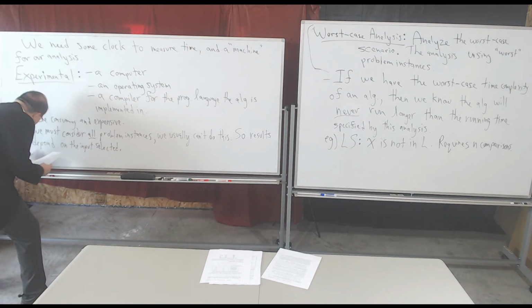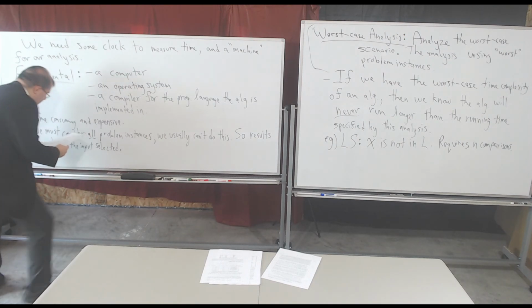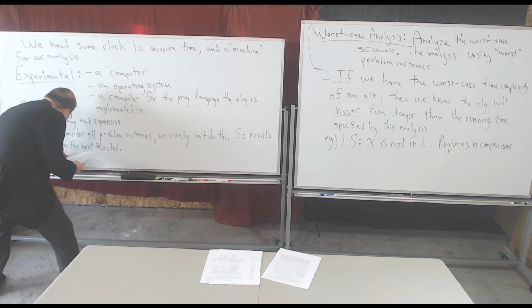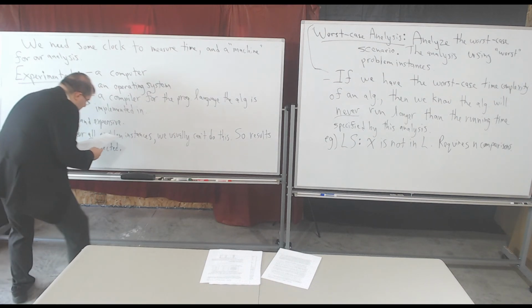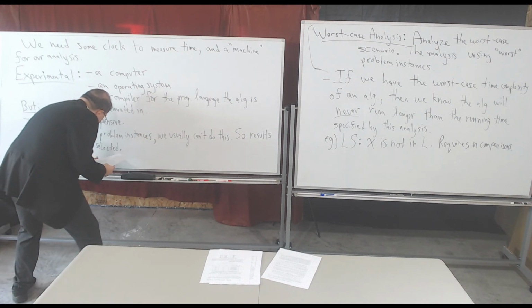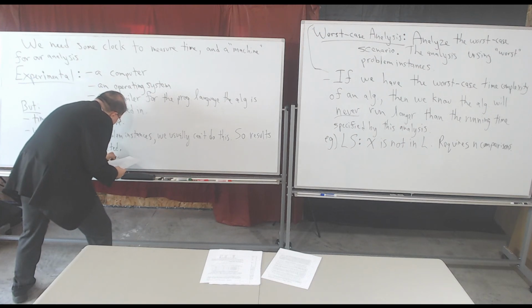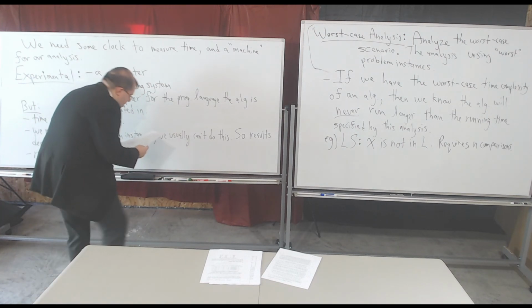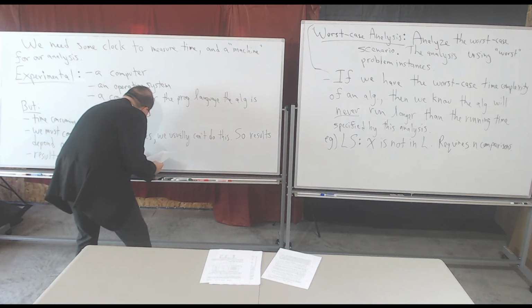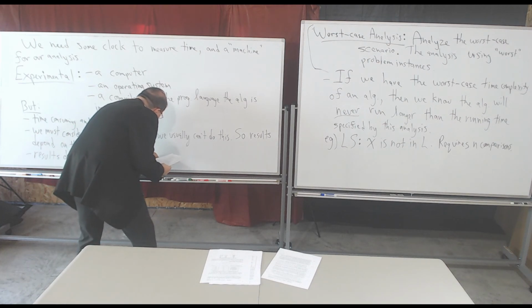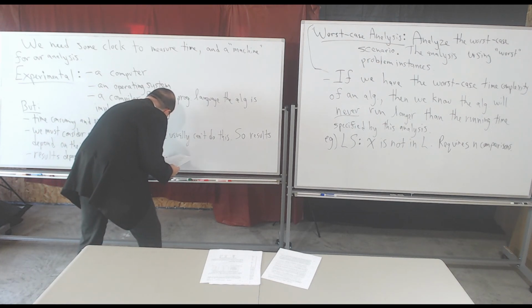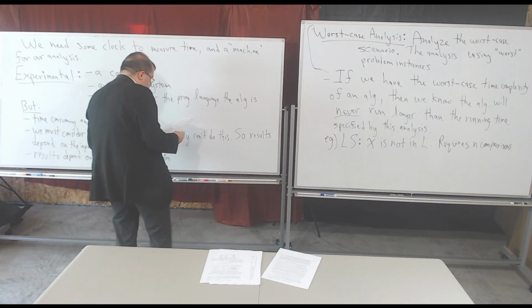So the biggest drawback that you have to be very careful of when it comes to this approach is results depend on a particular implementation. So when I say implementation, I mean like your computer itself. Like on the computer, you wrote up a program.